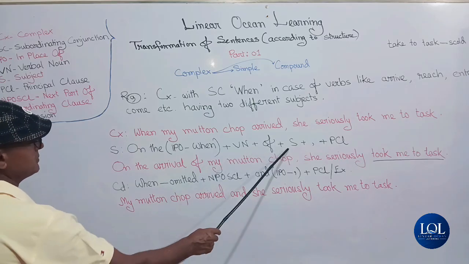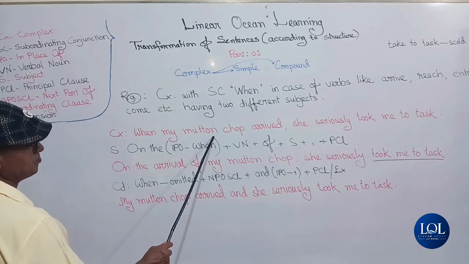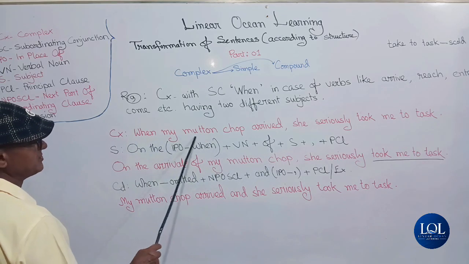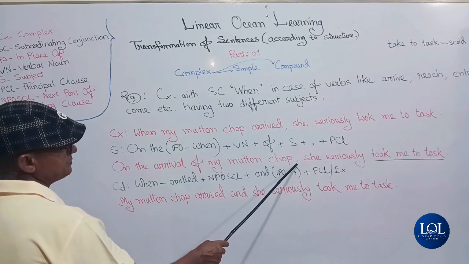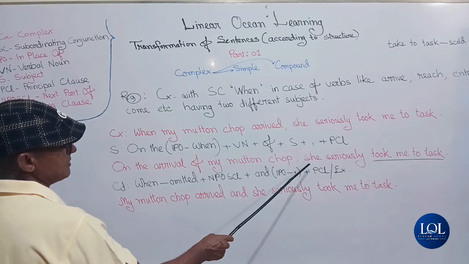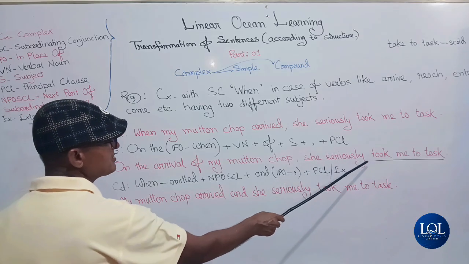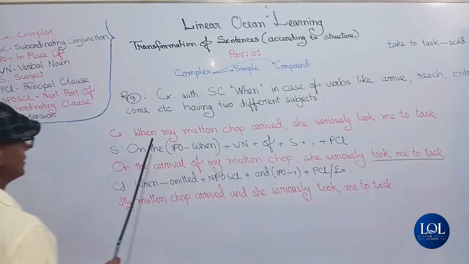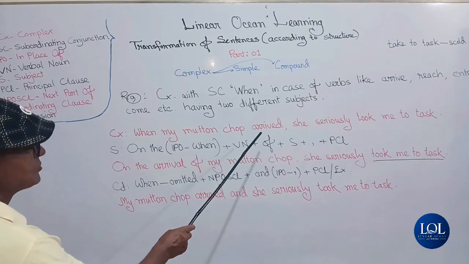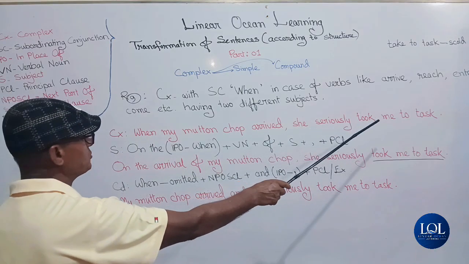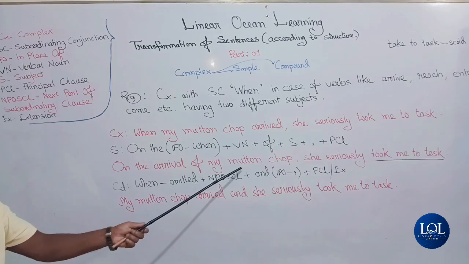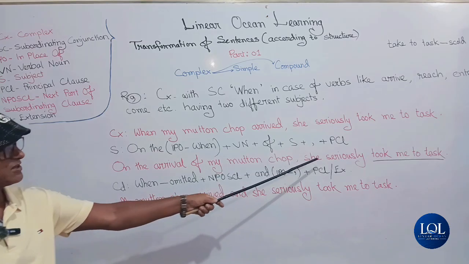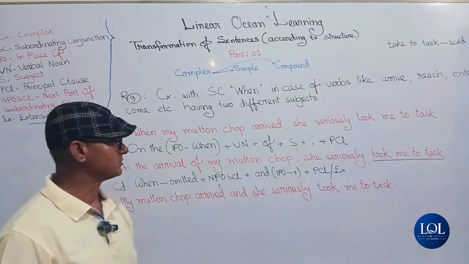Then the subject, my mutton chop, which is the subject of this subordinating clause, plus comma, plus PCL, principal clause: she seriously took me to task. When my mutton chop arrived, she seriously took me to task. If we follow this structure: on the arrival of my mutton chop, she seriously took me to task.